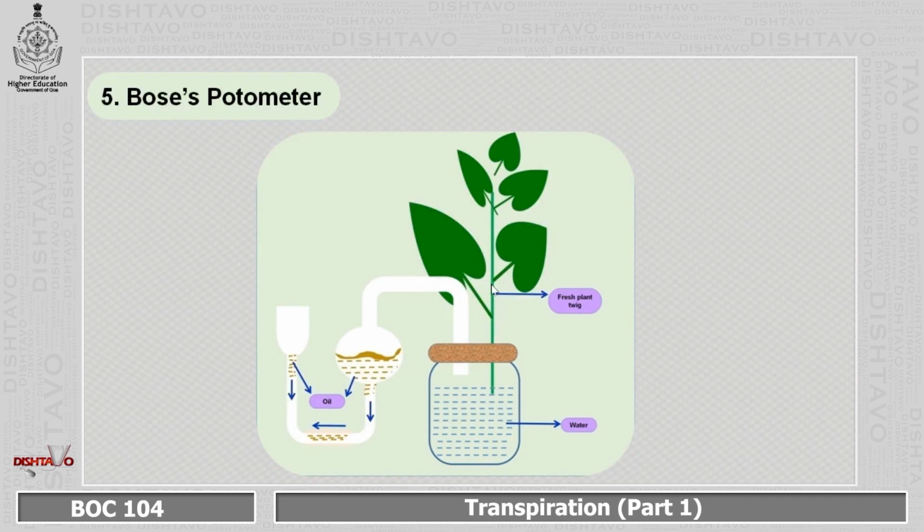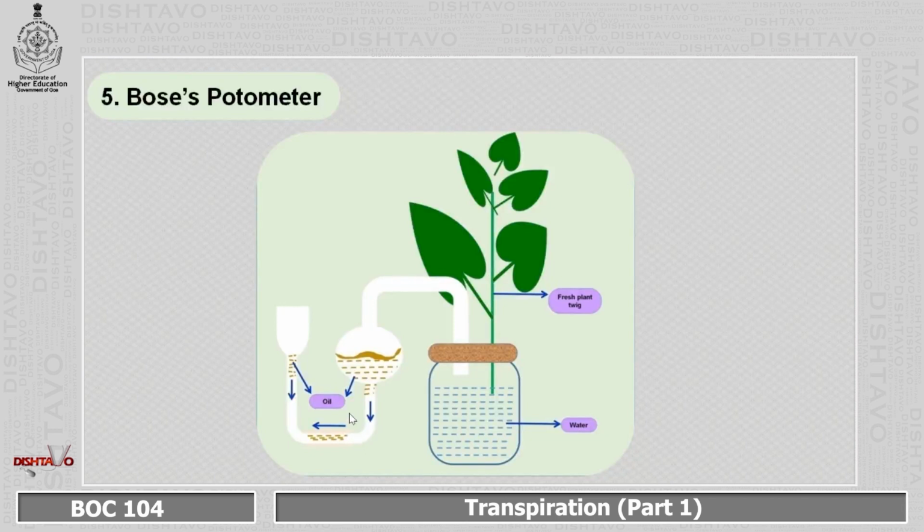Again a vacuum is created, and in order to fill up that vacuum, this oil drop will move through the horizontal tube, go on top and burst. When it bursts, it moves back down the horizontal tube. This process continues, and the time taken between the bursting of two oil drops can be calculated and related to the transpirational loss.